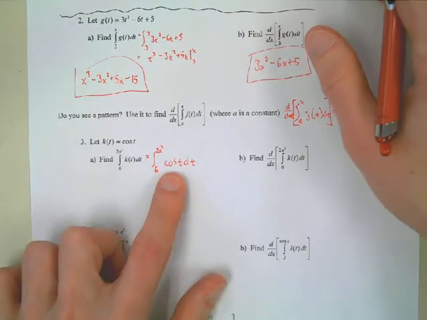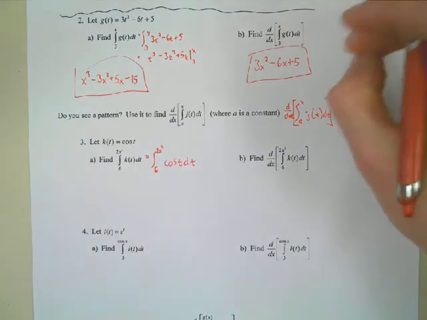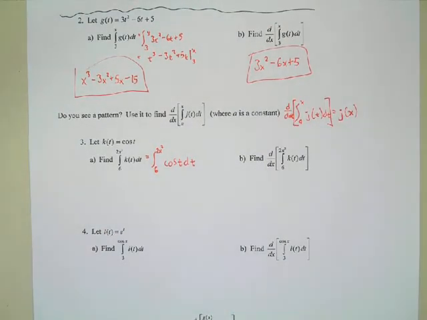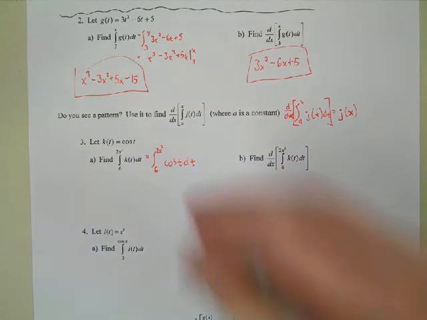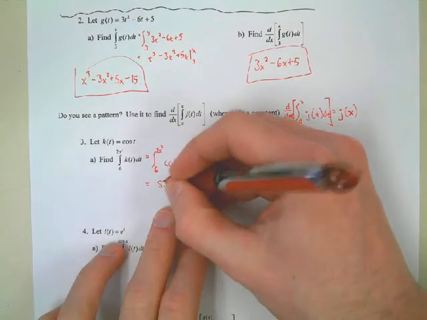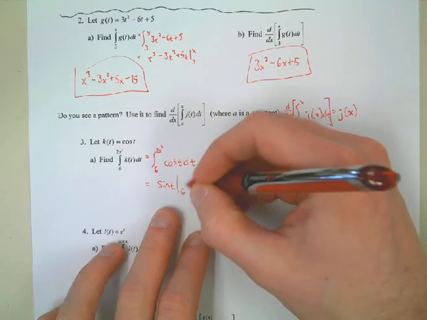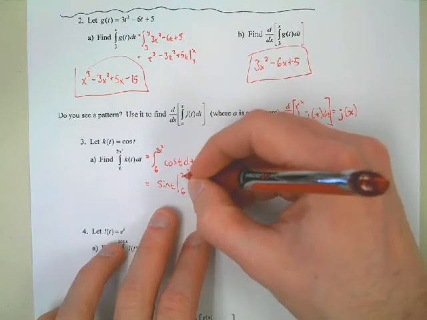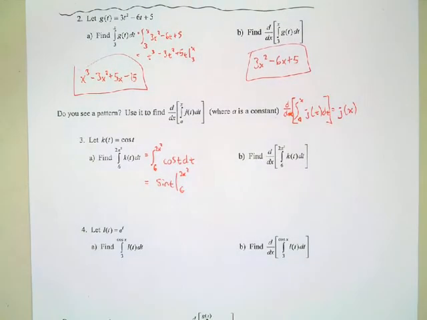To do this integral, we're still going to integrate as we normally would. What is the integral of cosine? Let's go to Nate. Integral of cosine? Negative sign. Close. Just sine. So sine of t, and we evaluate that from 6 to 2x squared. That integral wasn't that big of a deal.